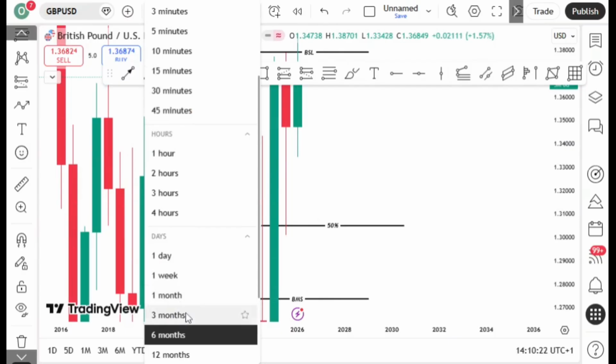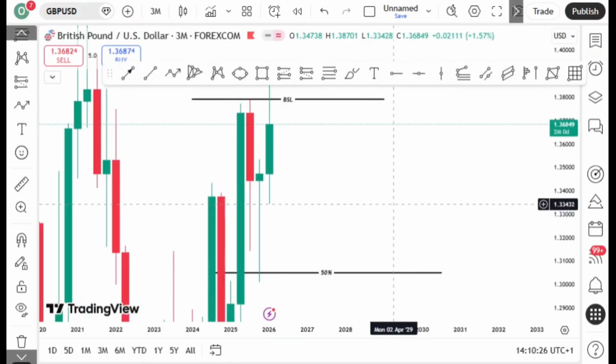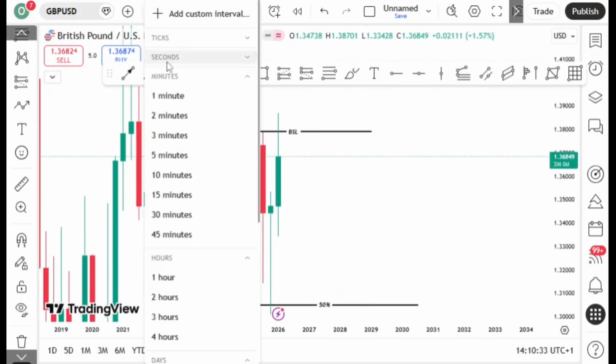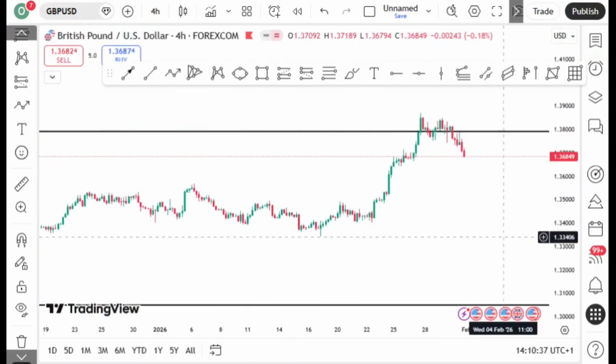And coming down into the 3 months, you see we have a sweep already. So we'll be expecting or looking for, let me come down into the 4 hours to see what's happening on the 4 hours.